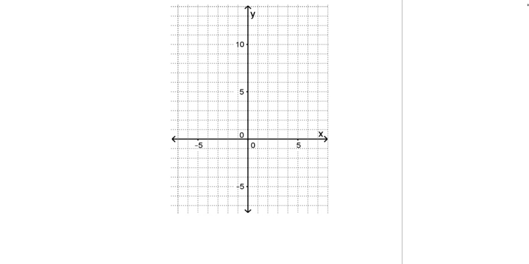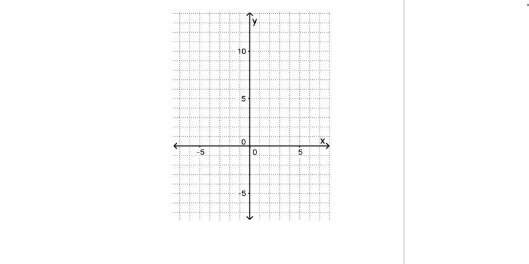So what if I just try to do it once? Well, I take my vertex and I move it down 3 because I know that's where it's going because the stretch and compression didn't change the vertex. And from there, I think about my pattern, but I'm going to multiply by 2.